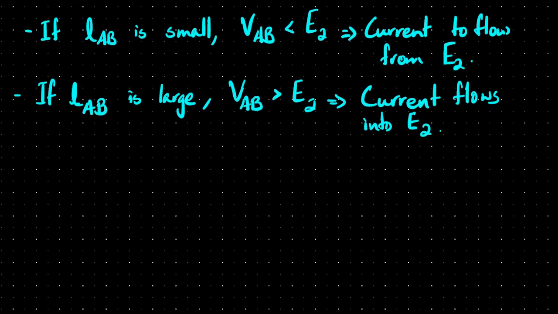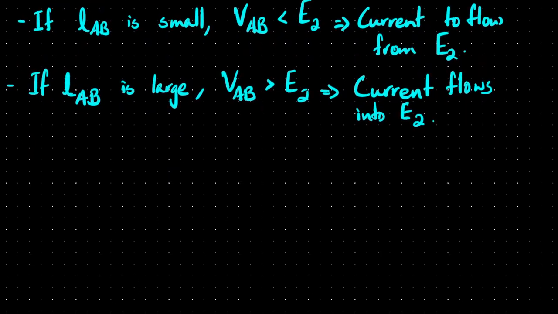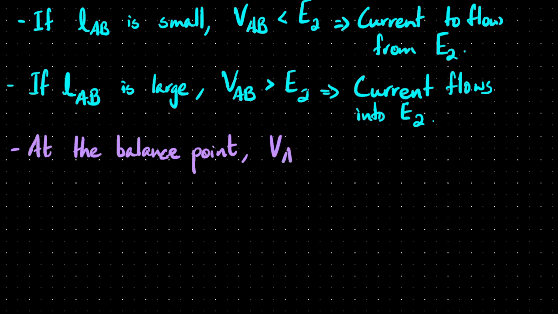So we can say this as well: at the balance point, at that sweet spot of the sliding contact, the voltage across AB would be equal to the unknown EMF as well, right?